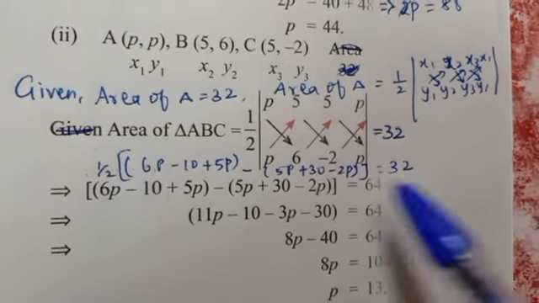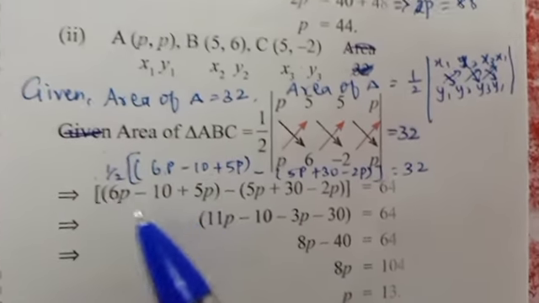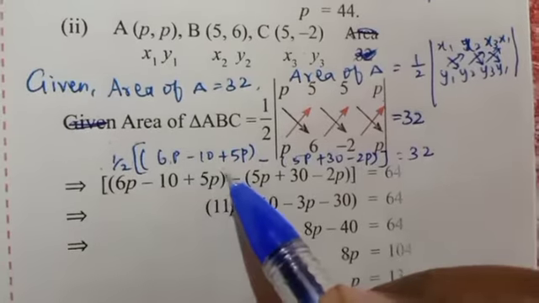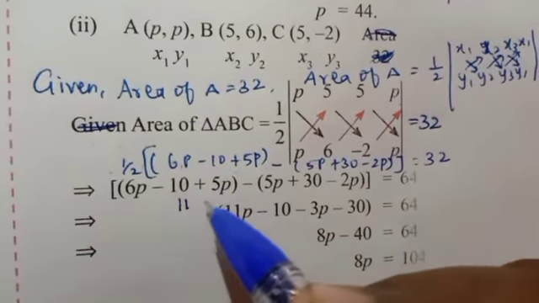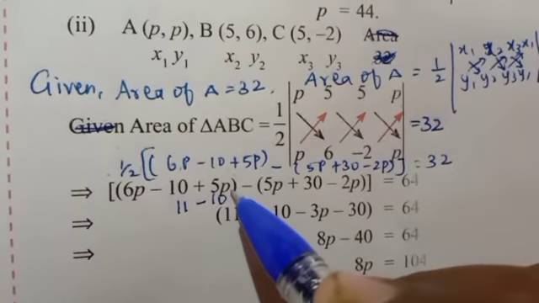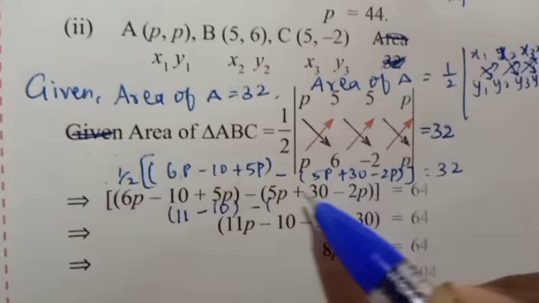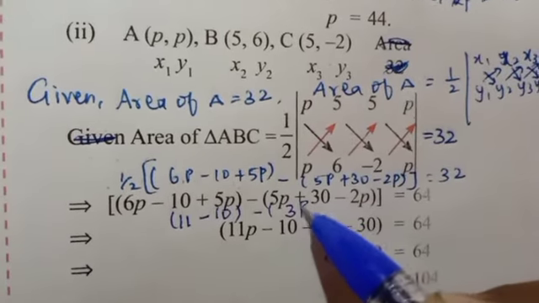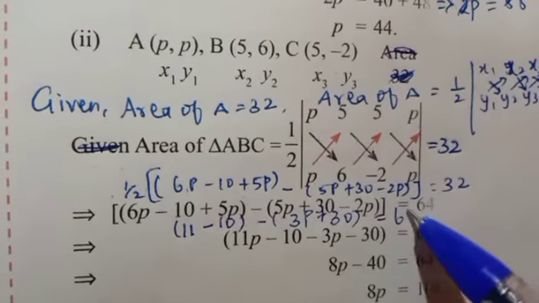Now you have to simplify: 6p and 5p is 11p, so 11p minus 10 is the first group simplified. Then minus of 3p plus 30 is equal to 64.